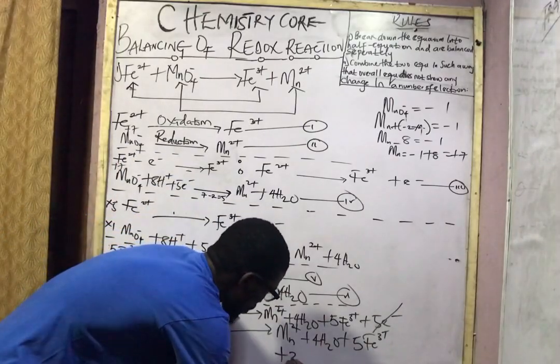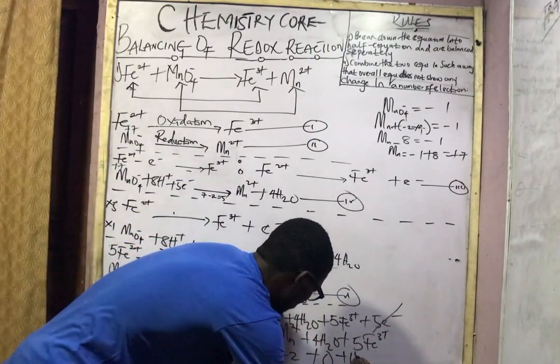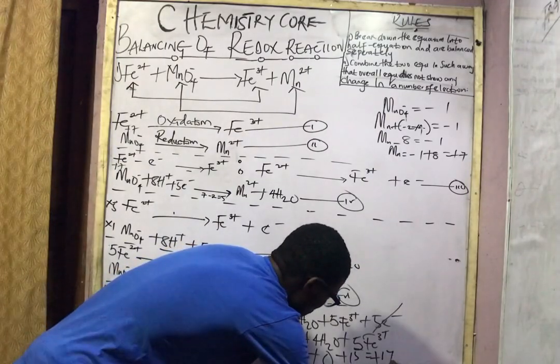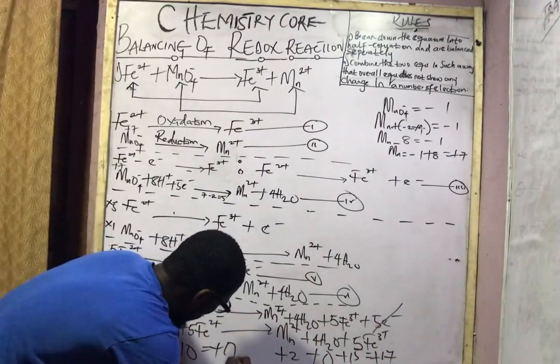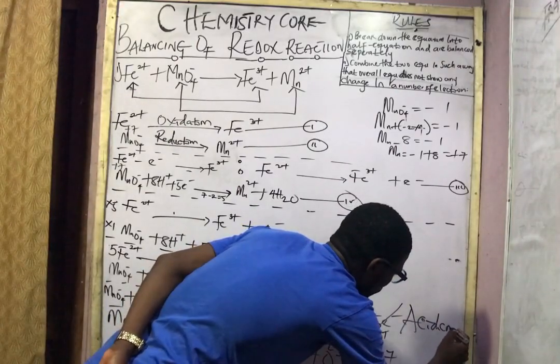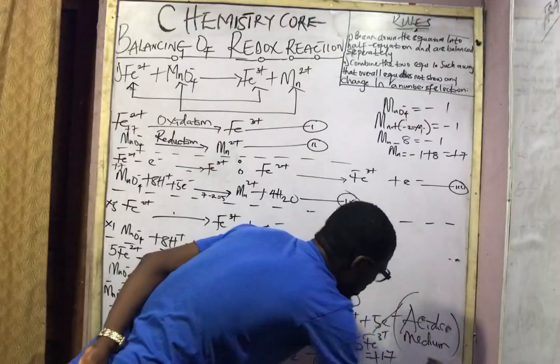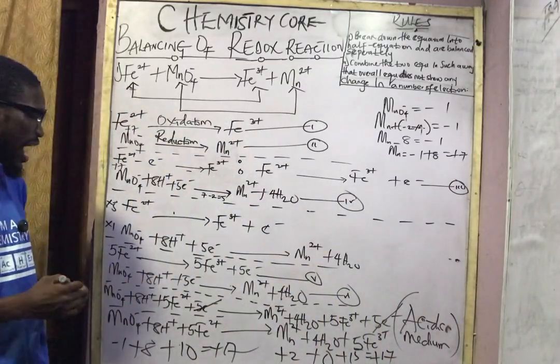We have plus 2 here, that is 0. 5 times 3, we have 15. So we also have plus 17 here. This is acidic medium, and this is as well balanced ionically.